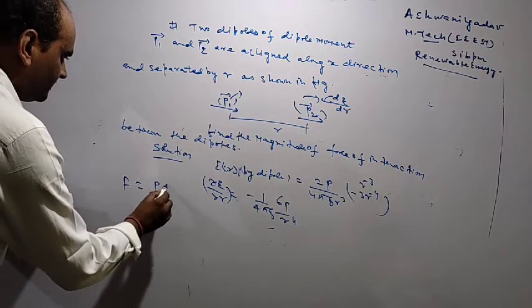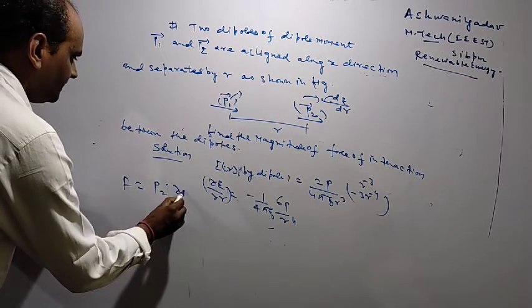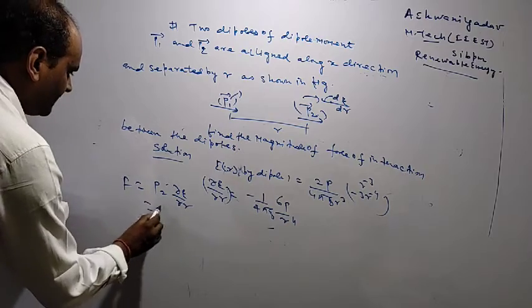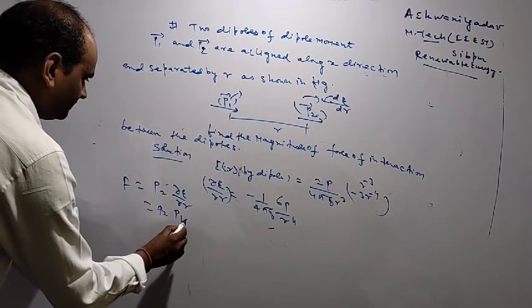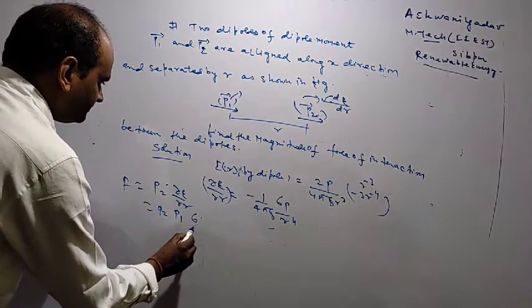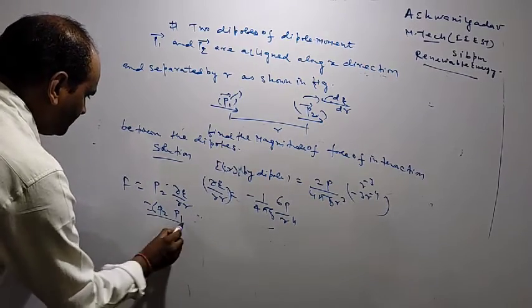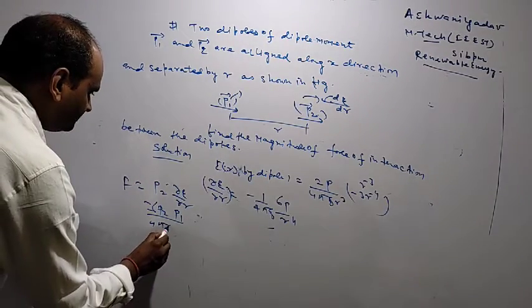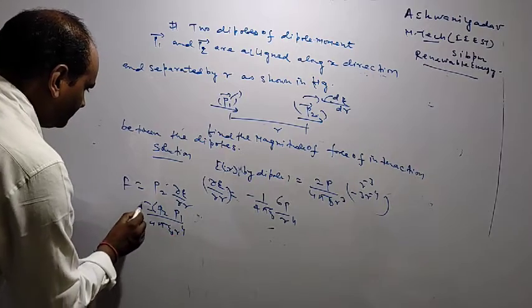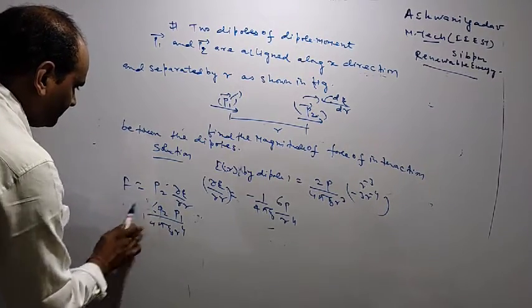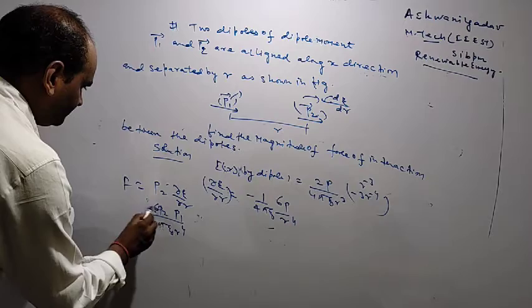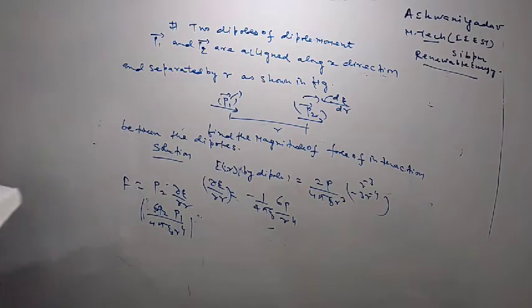Force is P2 dE by dr. So we have P2 P1 into 6, so 6 P1 P2 by 4 pi epsilon naught r to the power 4. This is the magnitude of this force.